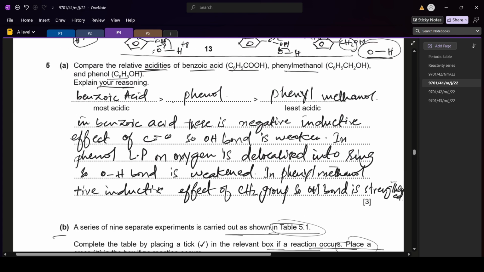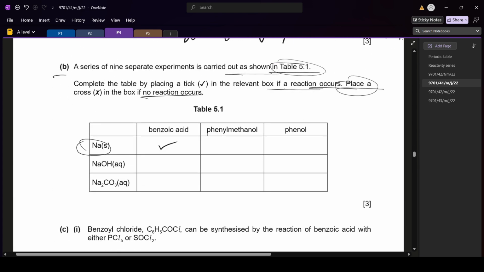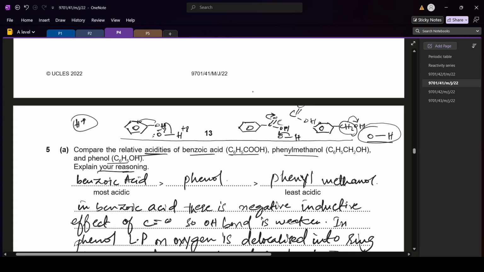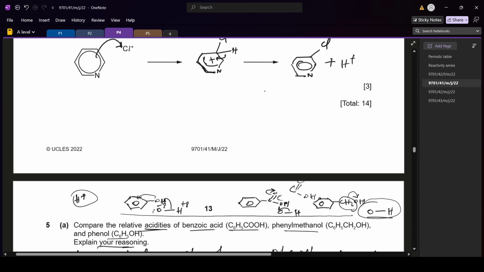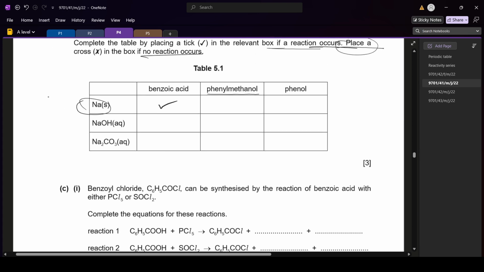Then sodium with phenyl methanol. I'm drawing the structures here again: benzoic acid, then we have phenol, and then we have phenyl methanol.